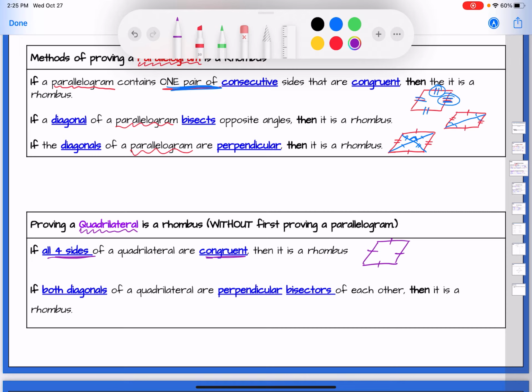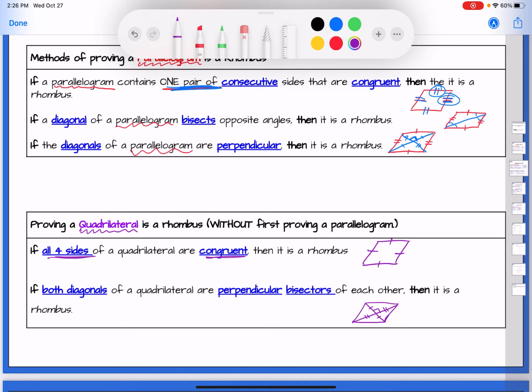The other thing is if you have your 4-sided figure, and you prove that both diagonals are perpendicular bisectors of each other, not just one, but both, right? If all I had was one diagonal as the perpendicular bisector of the other, that could be a kite. But if I prove that both of them are perpendicular bisectors, then it would have to be a rhombus.